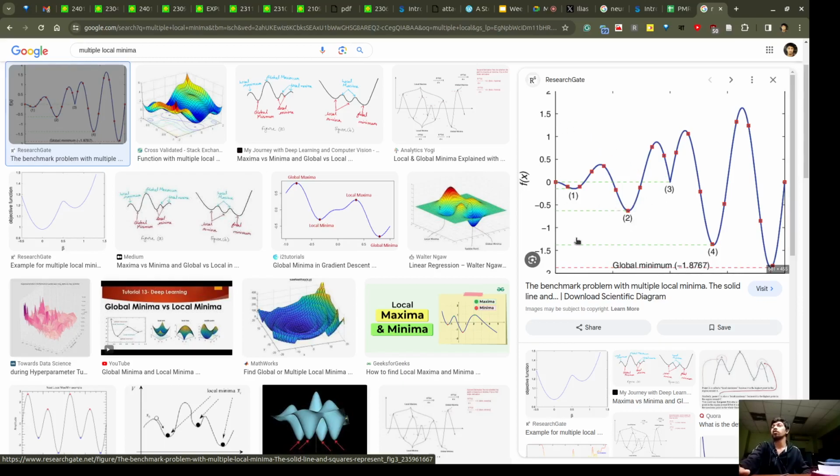But global minima means within the whole loss space, there is only one place where we are getting the lowest value. So it is lowest here also. If we consider the whole diagram, it is also lowest here. So this one we call global minima. No matter wherever we take from the diagram, the lowest point in the diagram is here. But in this case, you can see, if we consider within this portion, this is the minimum.